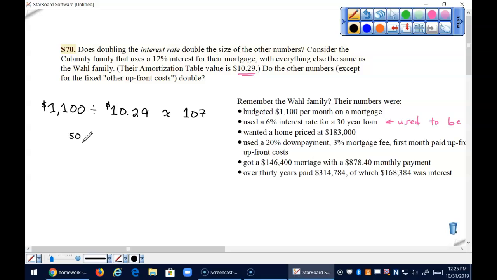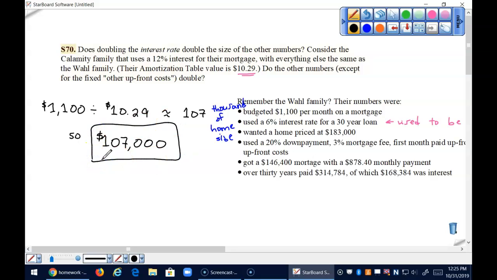Each of those $10.29s represented $1,000 of mortgage. So this number is 107,000 of home size. I'll actually write that with enough zeros.